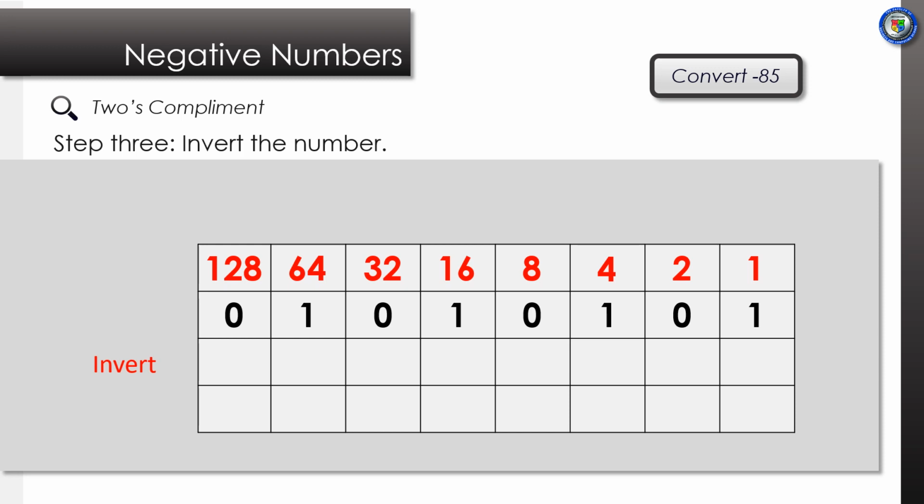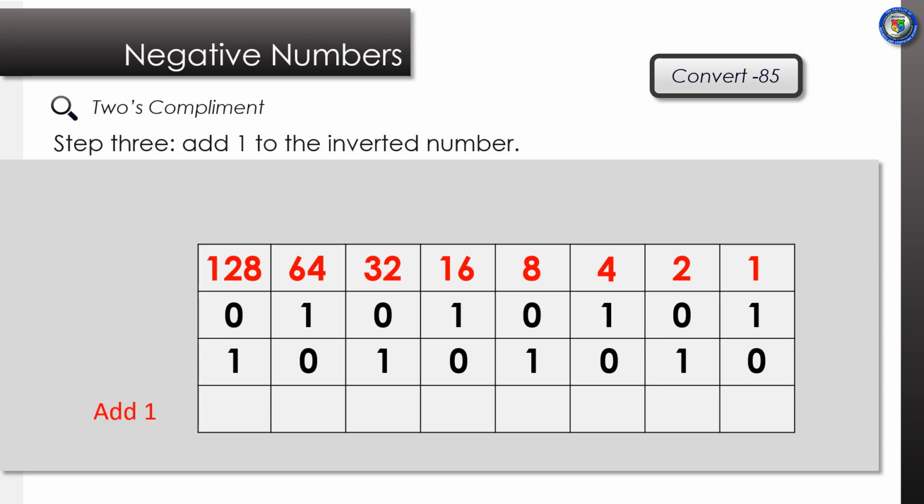Step 3 will involve inverting the binary number that we have just laid out. That means we turn the zeros to ones and the ones to zeros. And our final step will be to add 1. We start at the least significant bit, which is the column heading 1.